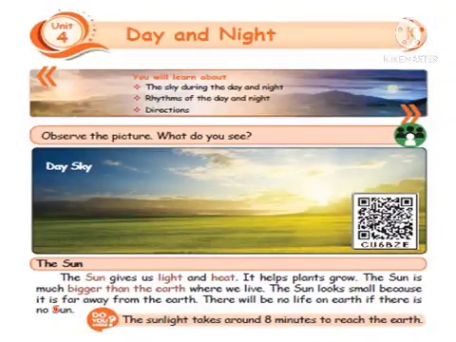I repeat, the sun gives us light and heat. The sunlight helps plants to grow. The sun must be much larger than the earth we live on. The sun seems to be smaller to look at because the sun is so far away from the earth.